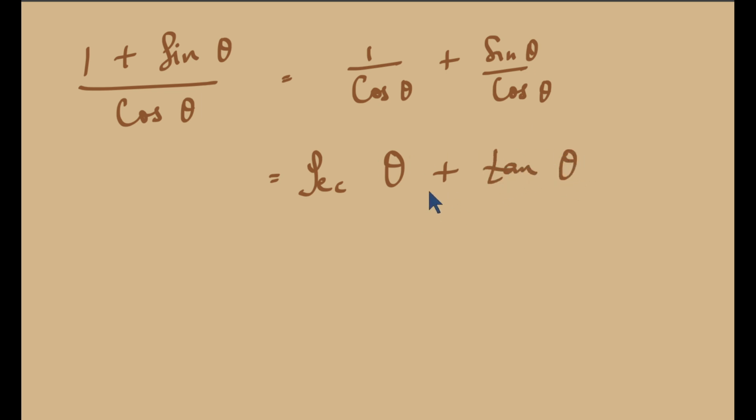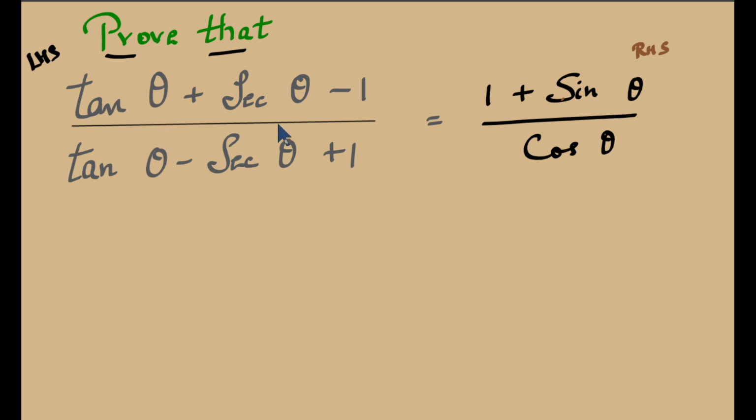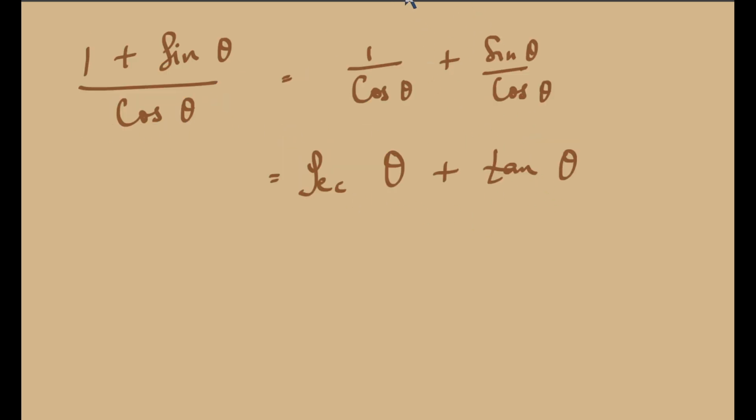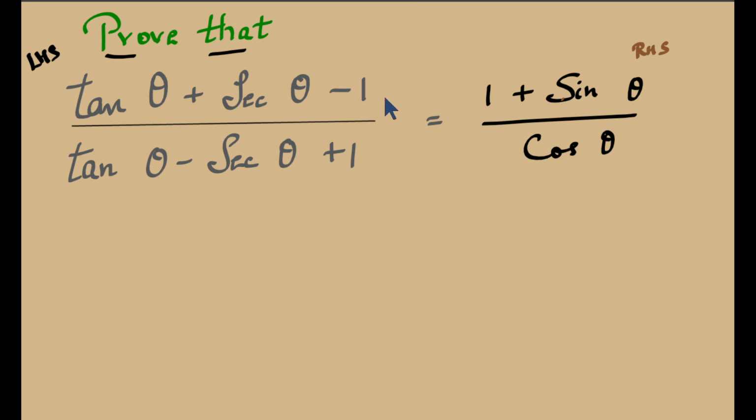So we'll have to prove that the whole of this, the left hand side, is equal to what? Just secant theta plus tan theta. Now at least the expressions are almost like we'll be able to do something about it, because both have secant and tan. So let's further see how to go about it.